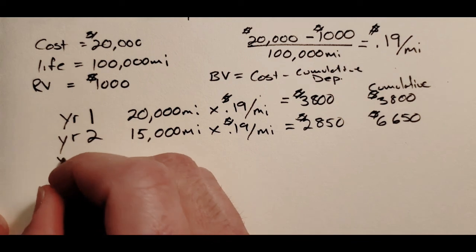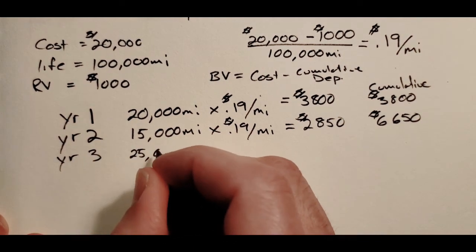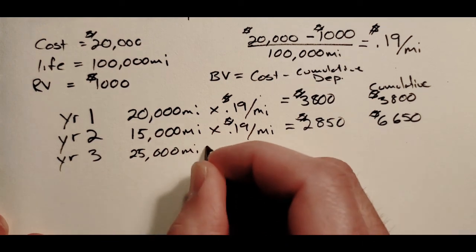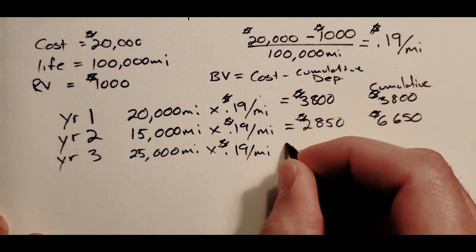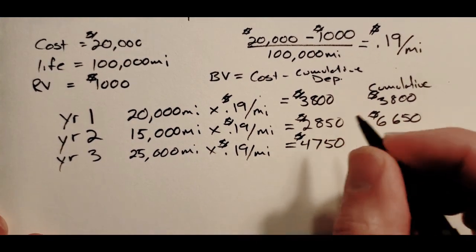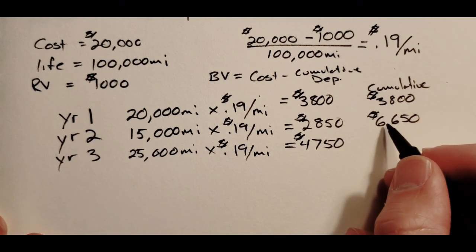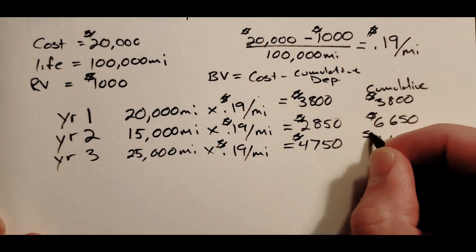And this would just go on for year three, whatever the number of miles they expect is. I think the example is 25,000 times 0.19 or 19 cents per mile. That comes out to $4,750. And then again, you add that on to the cumulative from the year before, and you get $11,400.